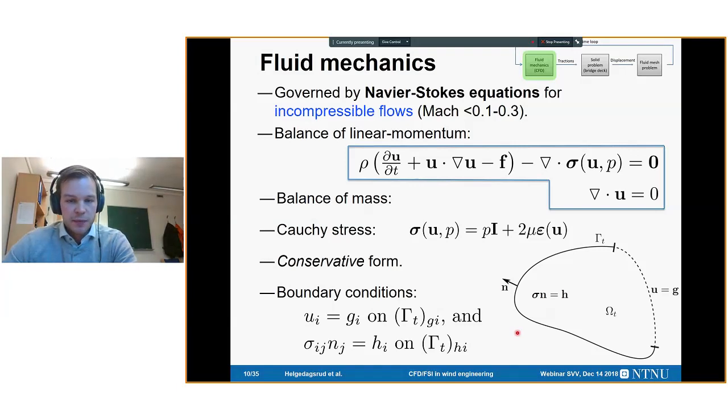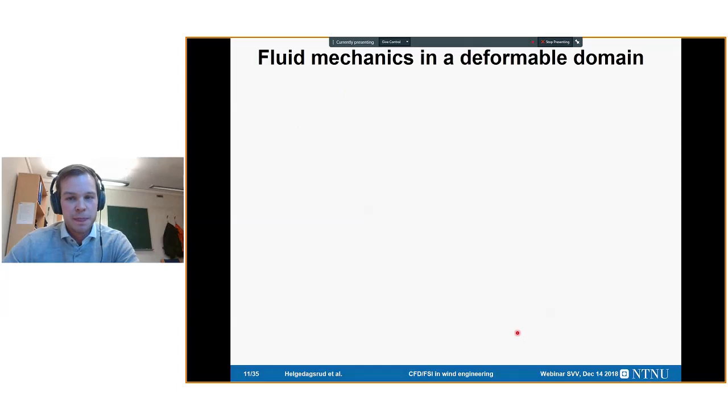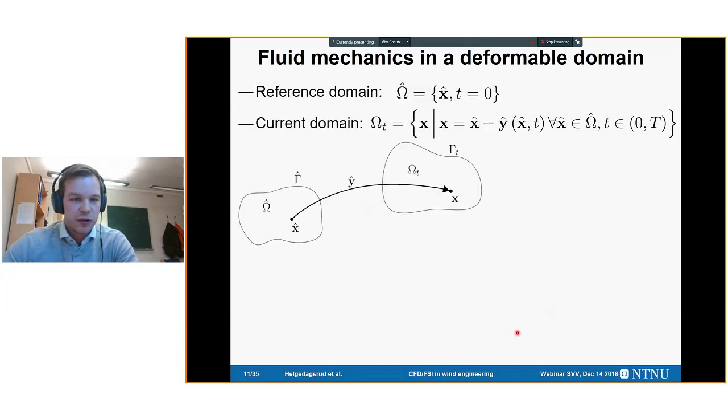So, yeah, but since we live in a deformable domain, we have some structure that moves inside our fluid. We need to recast the fluid mechanics in a moving frame. And one way to do this is to make use of a reference domain omega hat defined at t0.